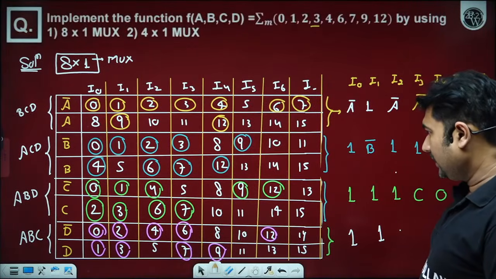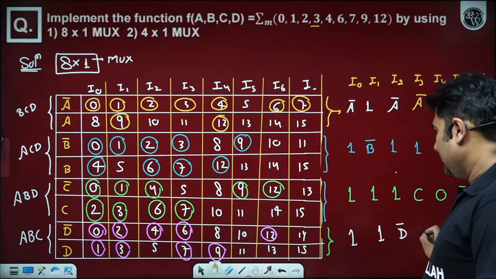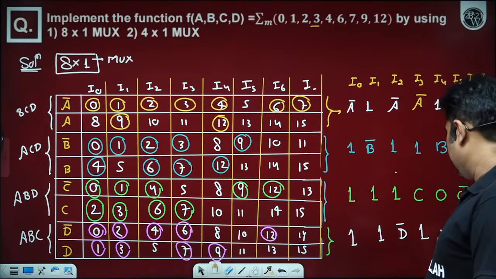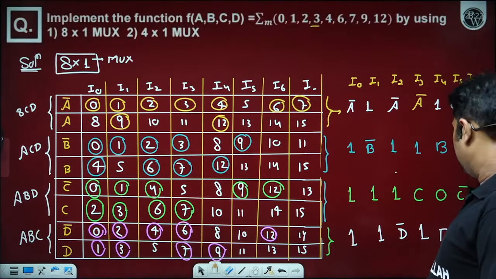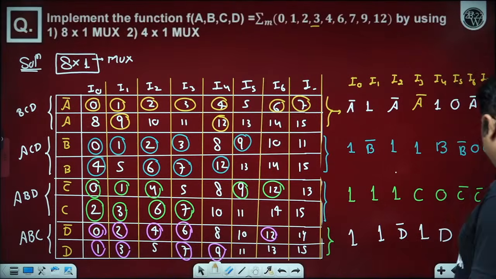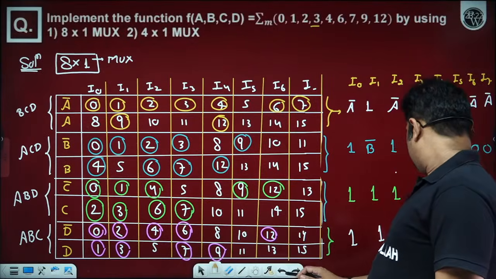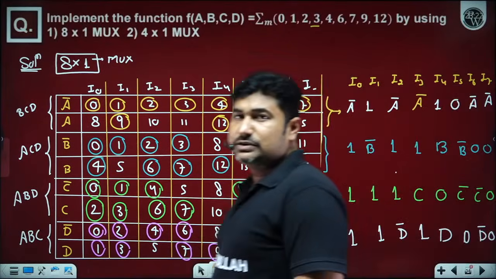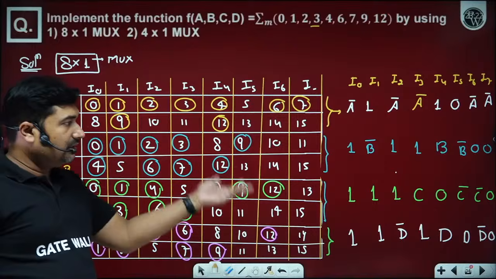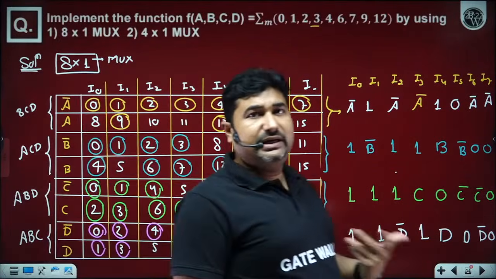1, D bar, 1, D bar, 1, D, 0, D bar, 0. So you can choose any of the conditions, because in all of them we are using C bar, A bar, B bar, so we need a complement as well.